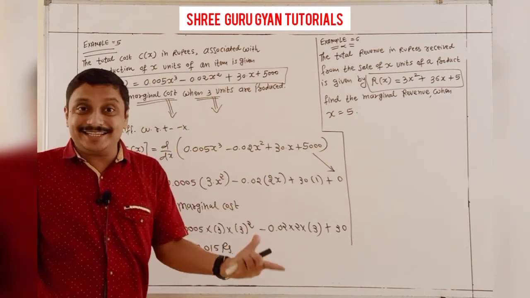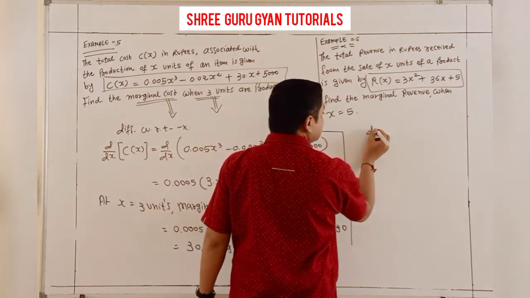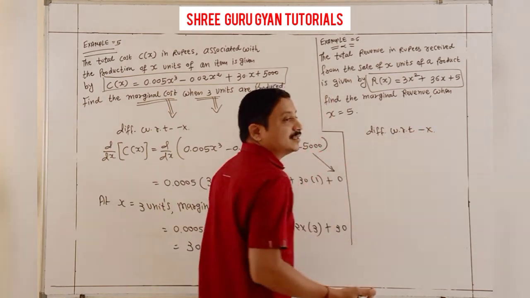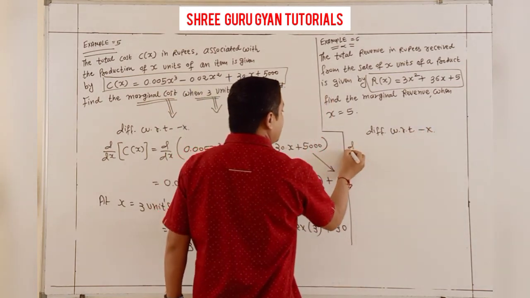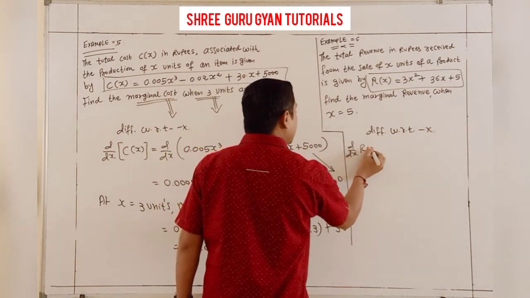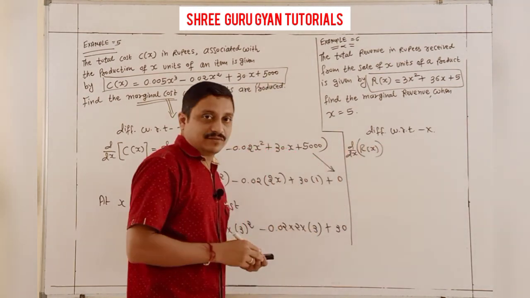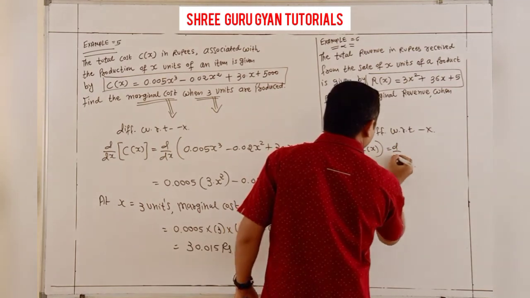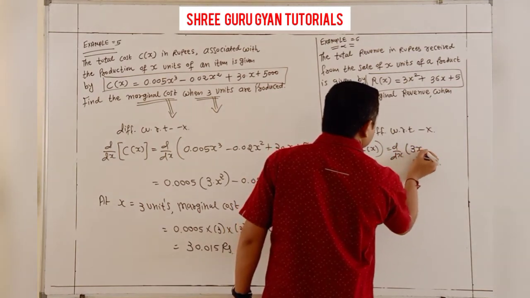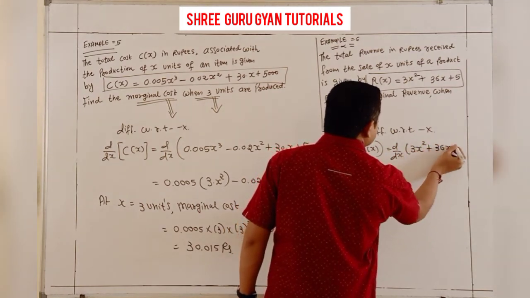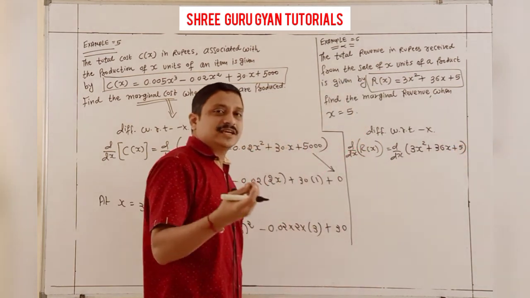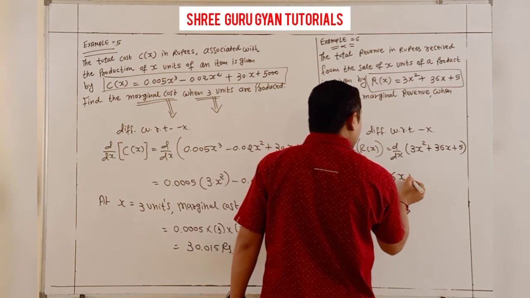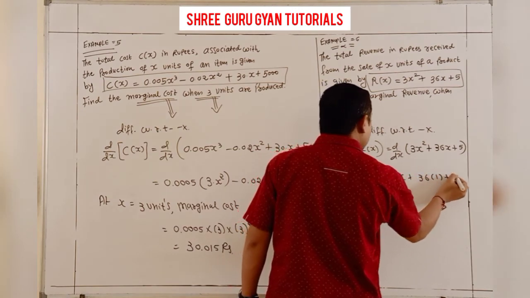Same way, I take the derivative, differentiation with respect to x. So d by dx of our revenue R(x), same on the right side, d by dx of 3x square plus 36x plus 5. Take the simple derivative. So here it is 6x plus 36 plus 0.